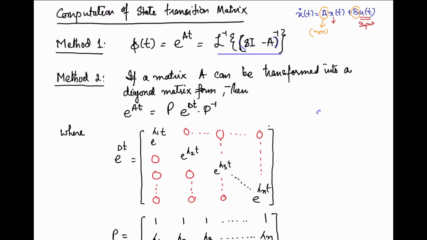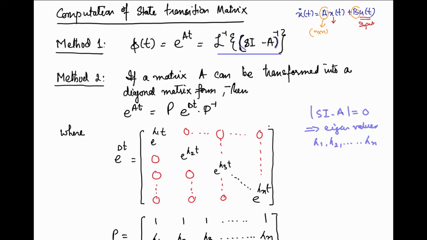The characteristic equation of your system is sI minus A. So the roots of this characteristic equation are the eigenvalues. Let's suppose that for a system of order n, there will be n eigenvalues. These eigenvalues are basically the closed loop poles of your system.